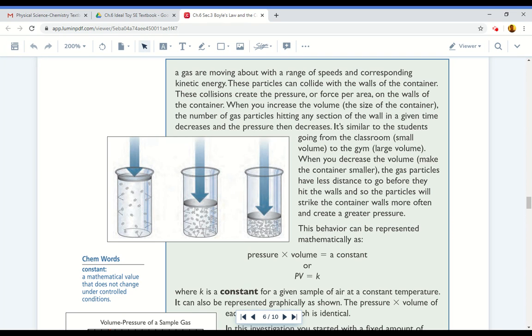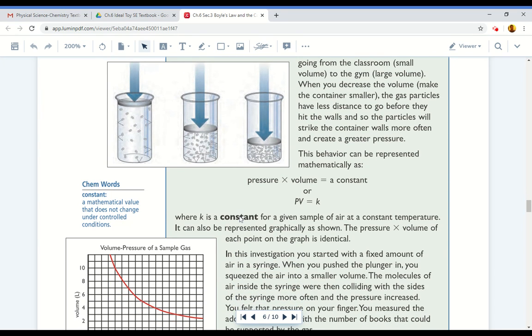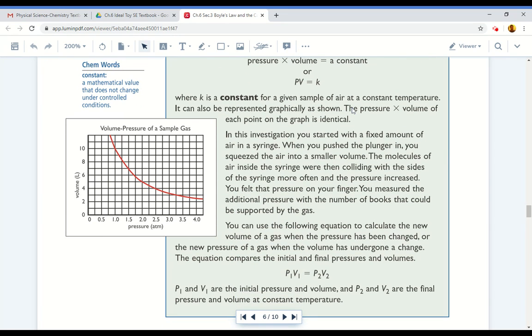This behavior can be represented mathematically as pressure times volume equals a constant, PV = k, where k is a constant for a given sample of air at a constant temperature. It can also be represented graphically as shown. The pressure times volume of each point on the graph is identical.